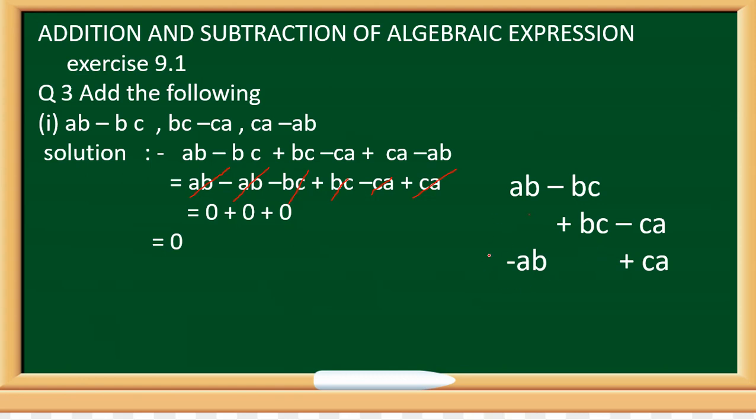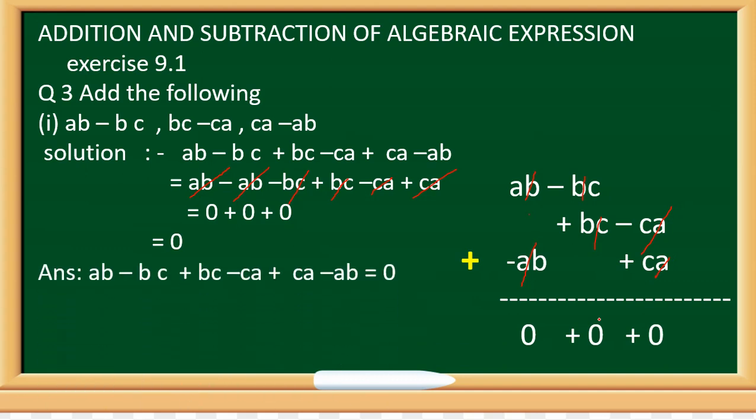Now as we add two numbers, in the same way we have to add, so we get this AB and this minus AB, again they will cancel out, this minus BC and this plus BC, that is also cancelled out, and minus CA and plus CA, that is also cancelled out. So we get 0 plus 0 plus 0, that is equal to 0. So we can say the addition of these three binomials is 0.